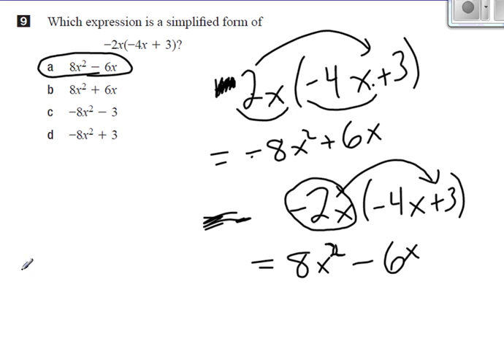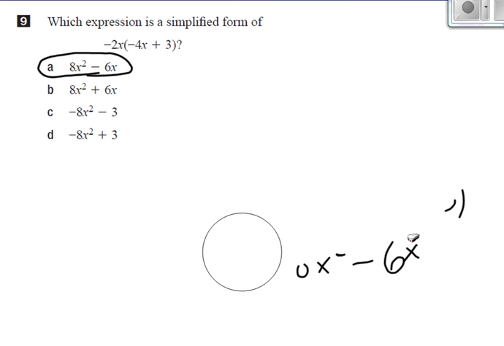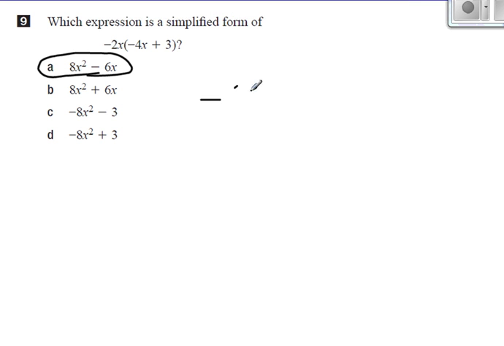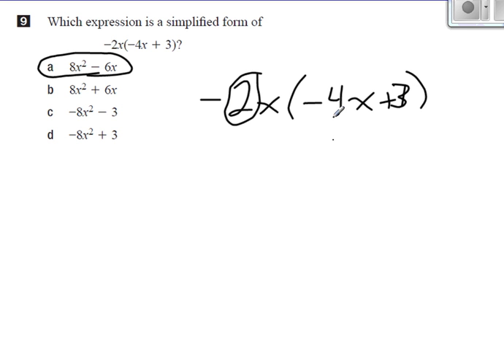Okay, so hopefully that's not too bad a situation. At the very, very least, if you hate this stuff, here's what you should do. So I'm going to reset the question. At the very least, please know that you're multiplying this and this by 2, right? So at the very least, I should see 8 and 6 in my answer.